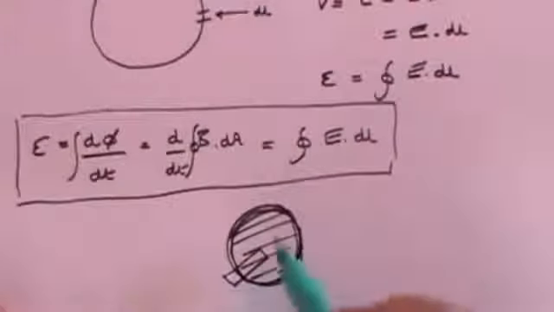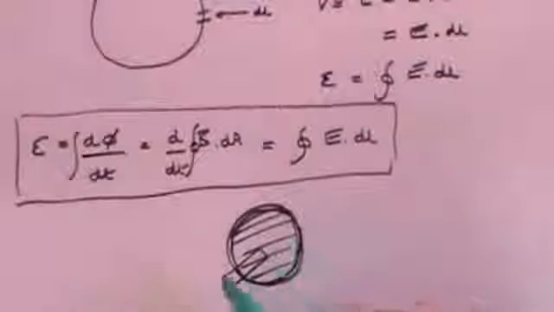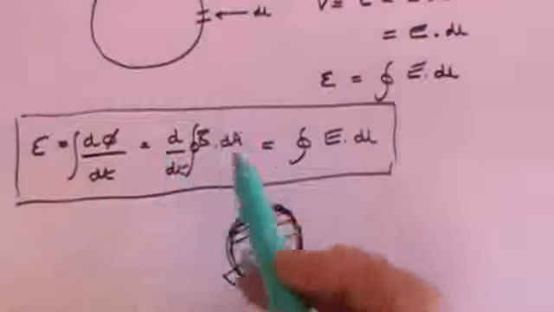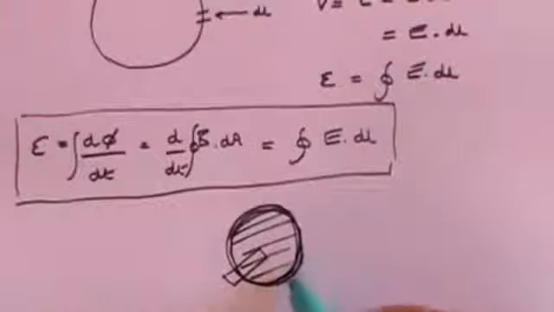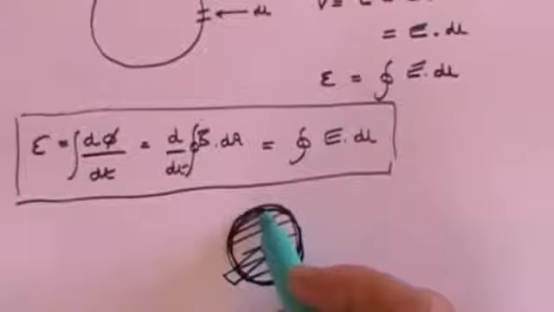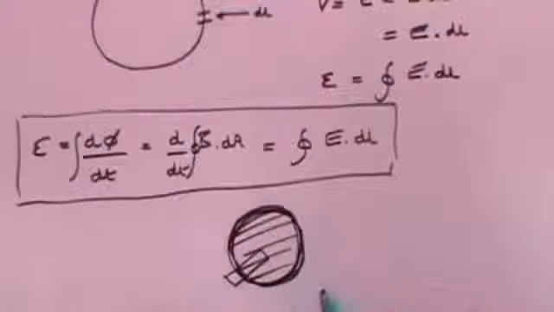So the magnetic flux going through the surface is equal to the electric field round this closed loop. And that's what's called Maxwell's third law and Faraday's law.